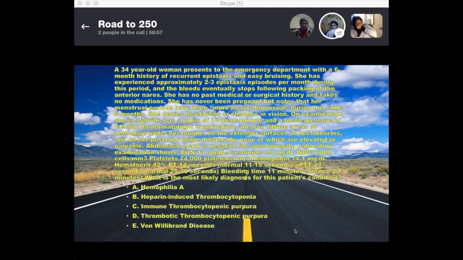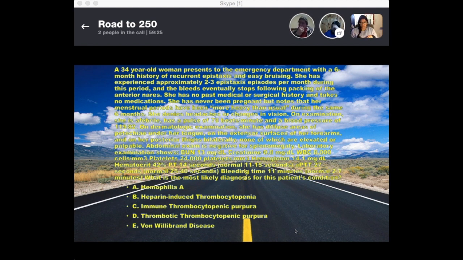Because C, wouldn't you also see some sort of viral infection prior, or viral illness or drug reaction of some sort? Not necessarily, but if you had a viral infection, that would probably induce the ITP, and you would see splenomegaly, because what is ITP?